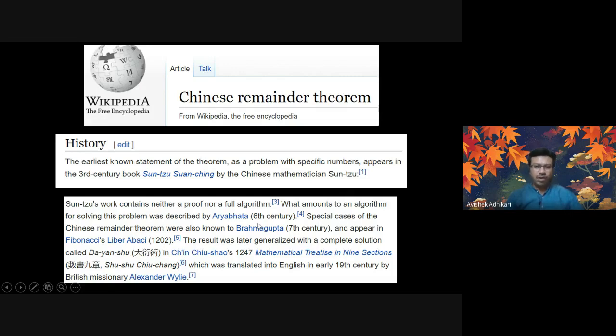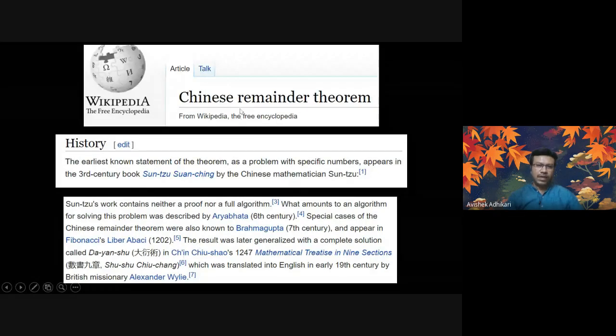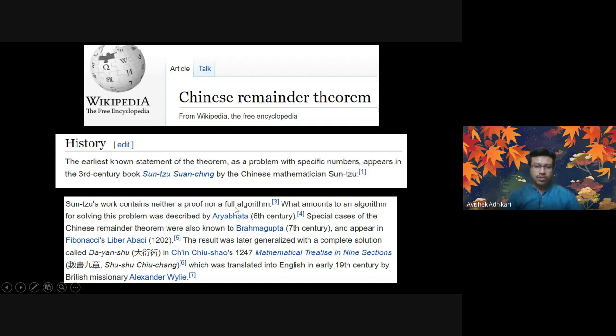Long after that, another Chinese mathematician gave all possible proofs, and it was finally translated in the 19th century by some British to what we know today as the Chinese remainder theorem. But you can understand that the first proof was actually given by Aryabhatta in the 16th century. That could be considered a great achievement for Indian mathematicians, working on a problem which we currently use for our day-to-day life security.